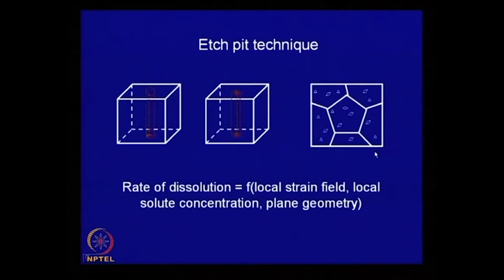When you look at the microstructure under a microscope, you may see the grains, and within the grains these pits have developed, with different shapes depending on the crystallographic orientation of the plane and how the dislocation is oriented with respect to it. The rate of dissolution is a function of local strain field, local solute concentration, and plane geometry. This was one of the earliest proofs, but still not a very direct evidence.